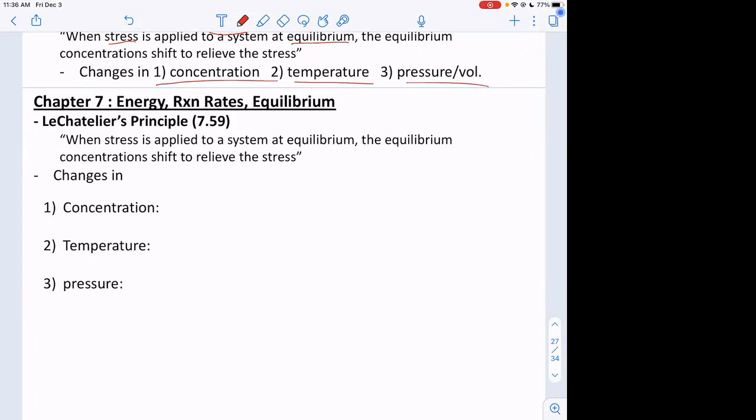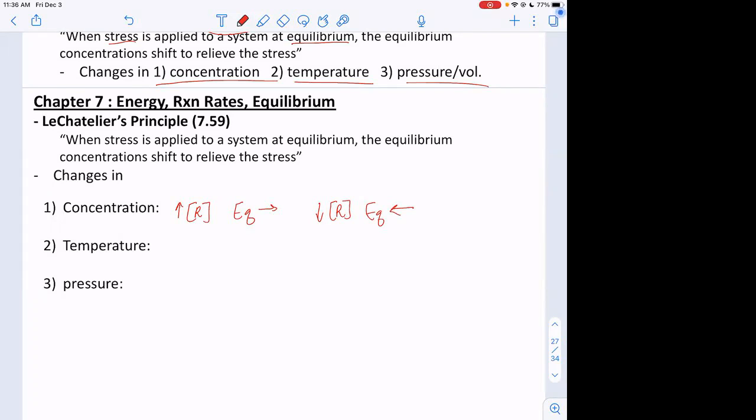If you increase the concentration of a reactant, all we can do is mess with either the reactant or the product, then equilibrium will shift to the product side, to the right. But if we decrease the concentration of a reactant, equilibrium will shift towards the reactant side, to the left. Reactants are always written on the left.